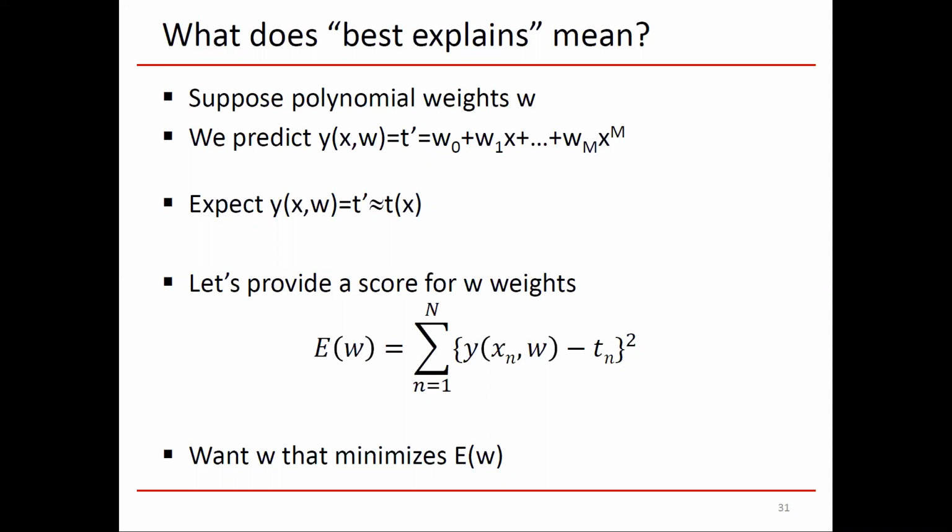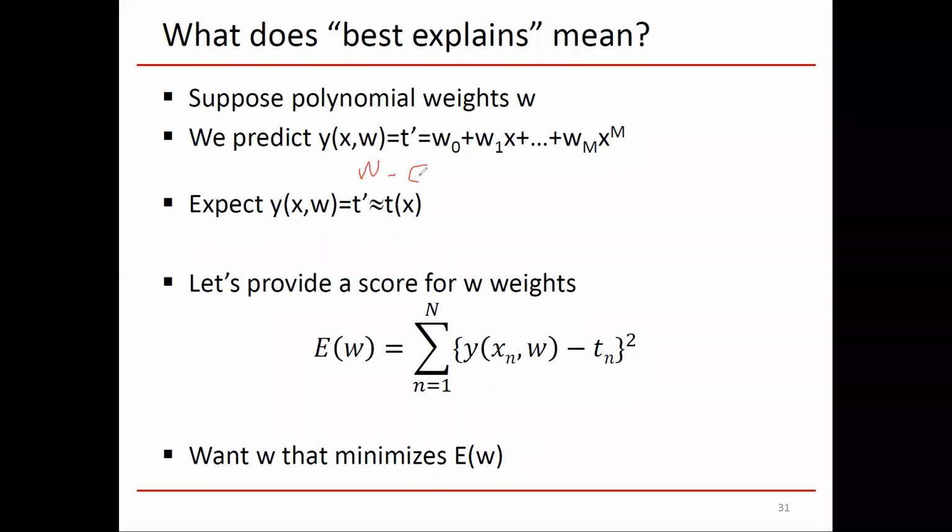Another way to think about it might be, you might have a vector of w's. So w would be w0, w1, up to w capital M. And you'll note that this vector is of length capital M plus 1. And you'll have a second vector.